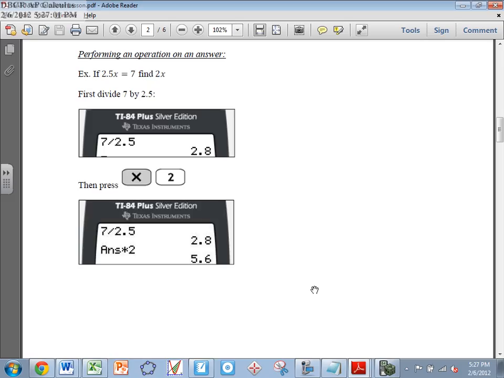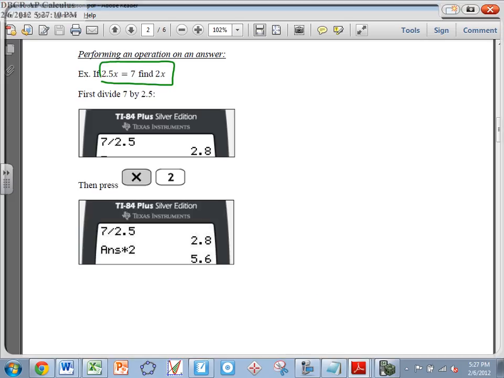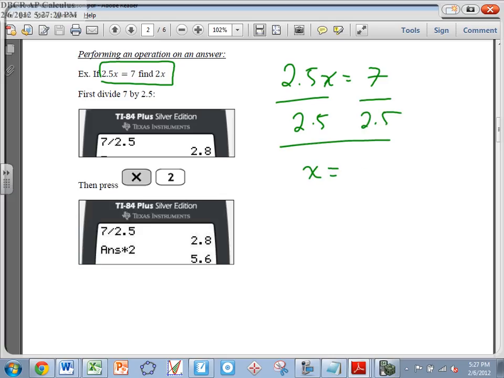Okay, performing an operation on an answer. So, we have a problem that says, if 2.5x equals 7, find double x. Okay, well, I know 2.5x is equal to 7, so I have to start by dividing by 2.5. You're going to get x equals 2.8.